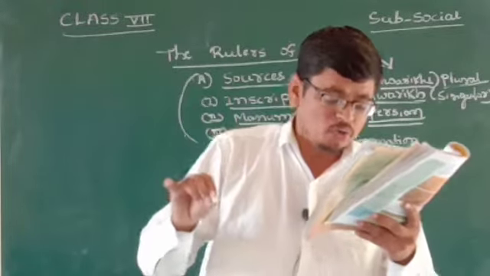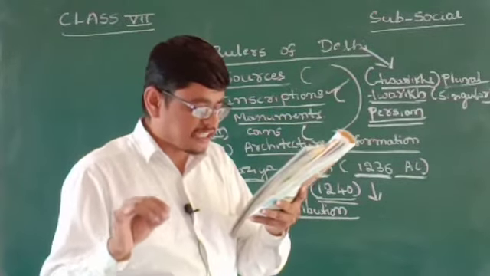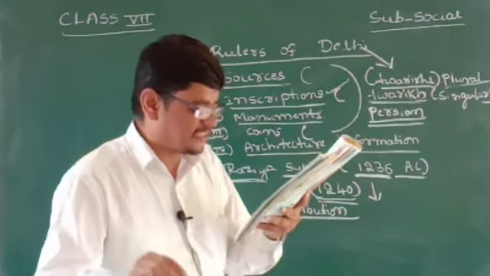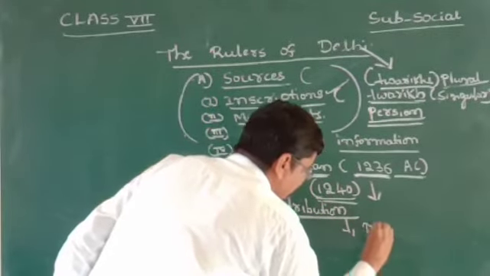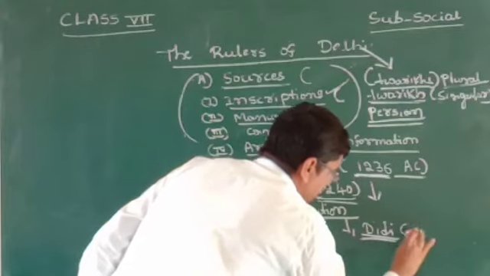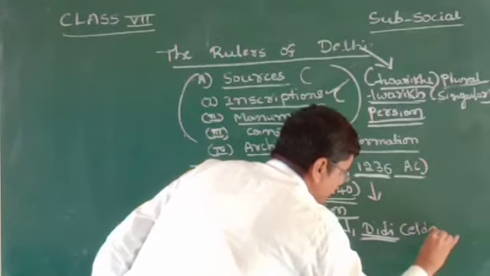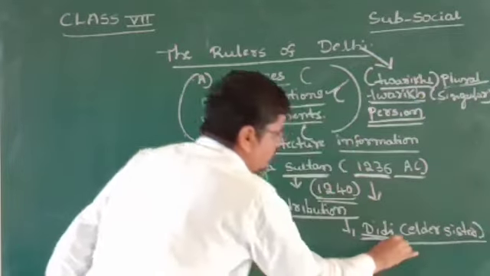Another queen ruled in Kashmir around 980. Her title is interesting: Didi, or elder sister. Didi means elder sister.